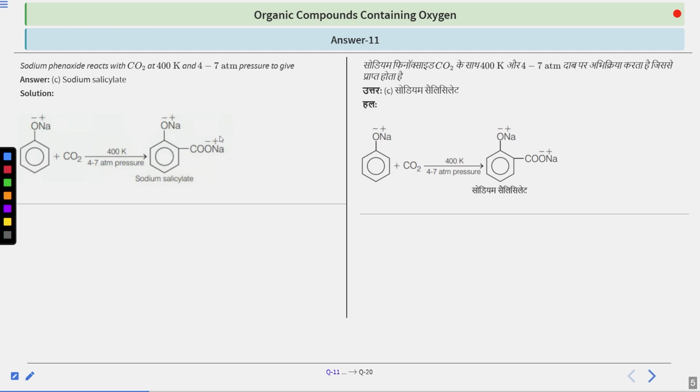This is our final product after this reaction. So our correct answer is option C, sodium salicylate. Let's move on to our next question.